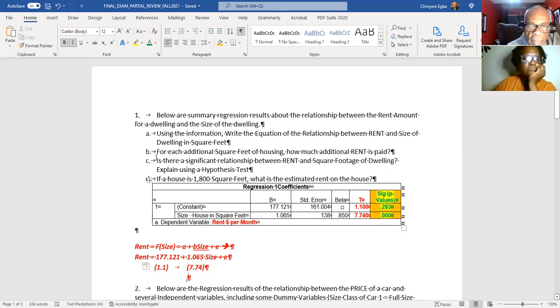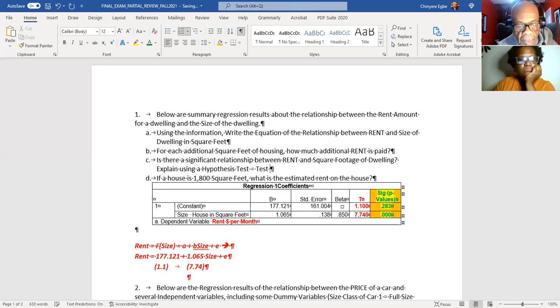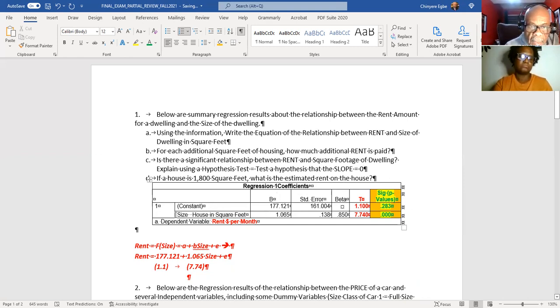What that question means is that you test a hypothesis that the slope coefficient is equal to 0, and this is the slope.